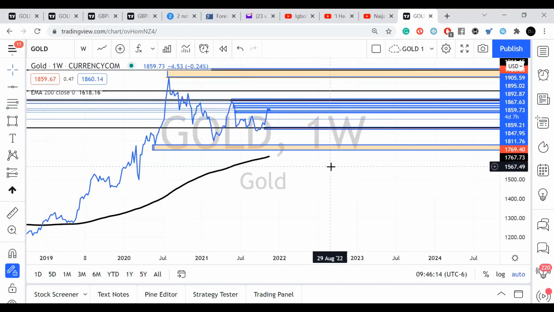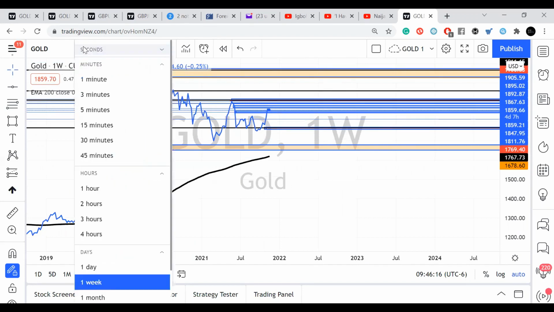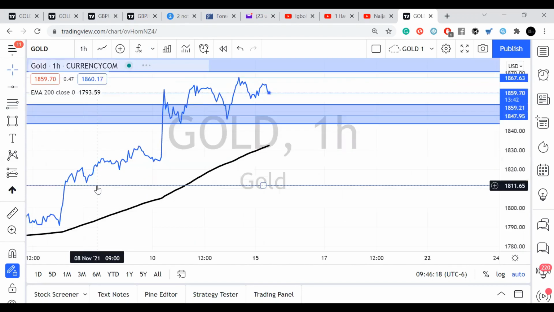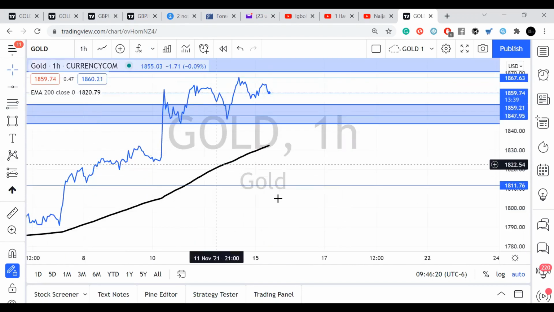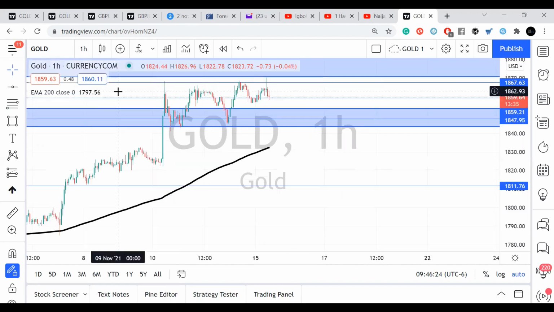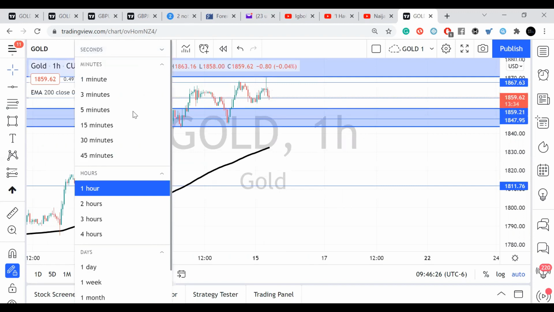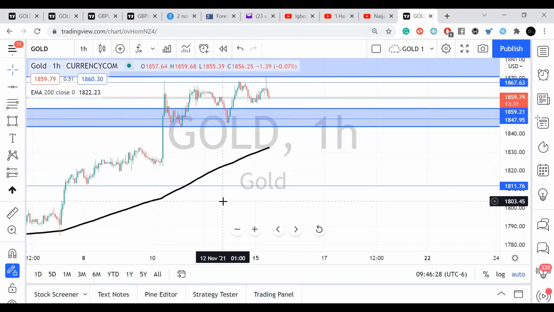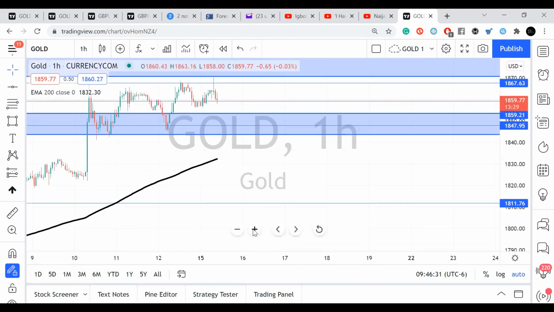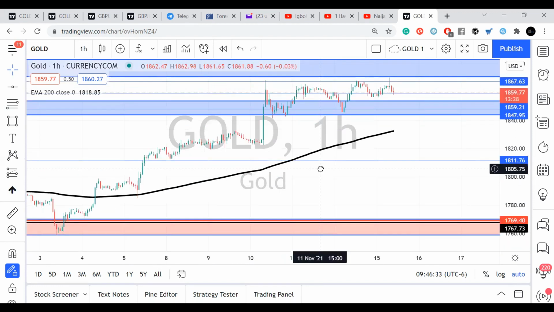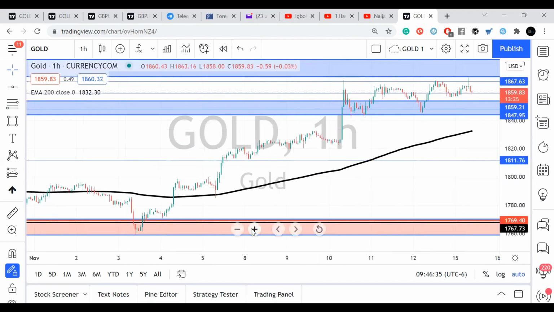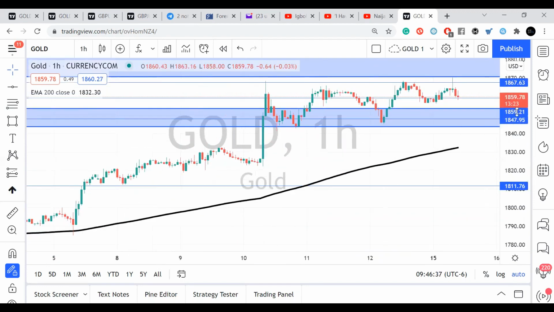So this is what we have now. This is our take profit area. Then let me change this back to candle. You see that one price.